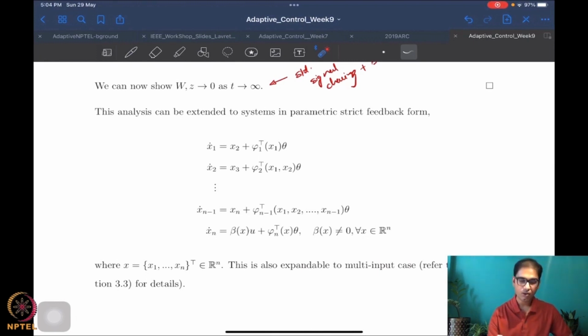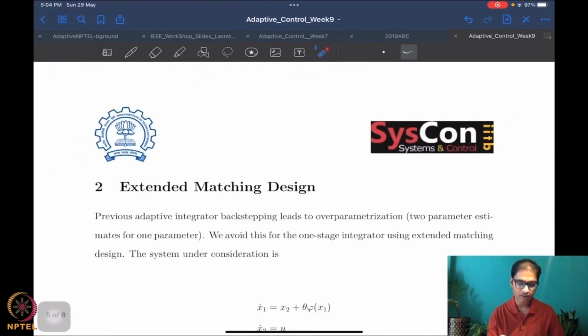All right. Now, as I already mentioned, one of the big issues is the requirement for extra parameter estimates, right? And this is a significant constraint when we talk about real implementation.